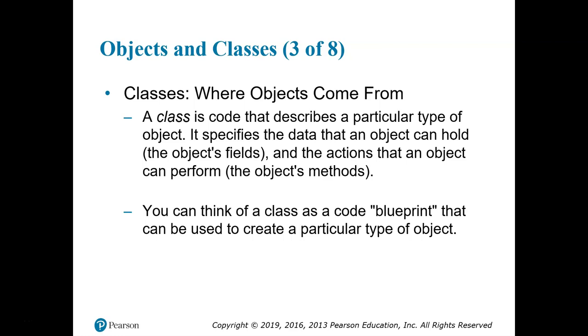So, a class is code that describes a particular type of object. It specifies the data that an object can hold, the object's fields, and the actions that an object can perform, the object's methods. Like your book says, you can think of a class as providing a general outline or a blueprint of an object.